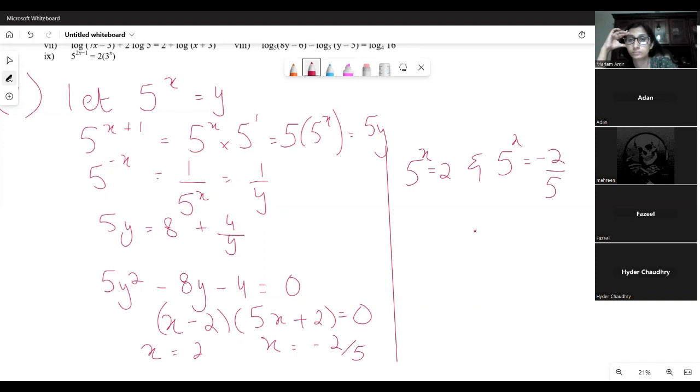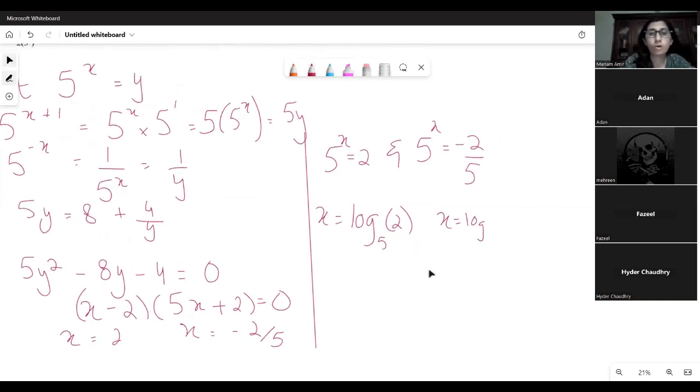We take 5 as the base of log and in brackets we write 2. So when 5 goes to the other side, it becomes log base 5 of 2. Good. And the other one becomes log base 5 of minus 2 by 5, which is not possible because you cannot take log of a negative value.